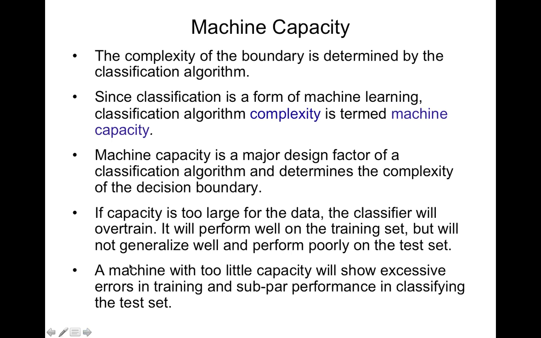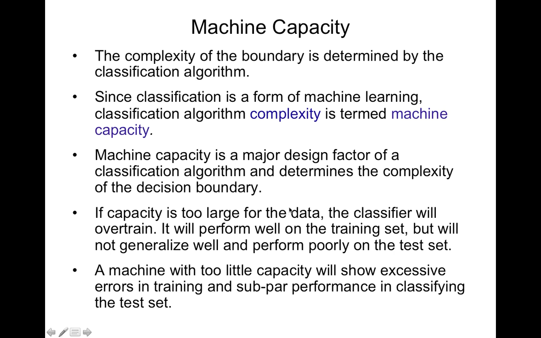The complexity of the boundary is determined by the classification algorithm. Since classification is part of machine learning, the classification algorithm complexity is termed the machine capacity. Machine capacity is a major design factor of a classification algorithm, and it determines how complex the decision boundary can be.